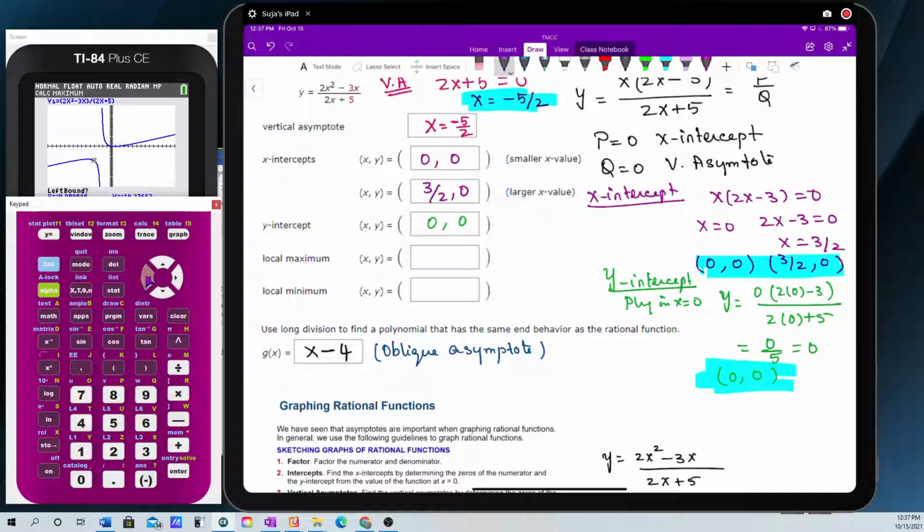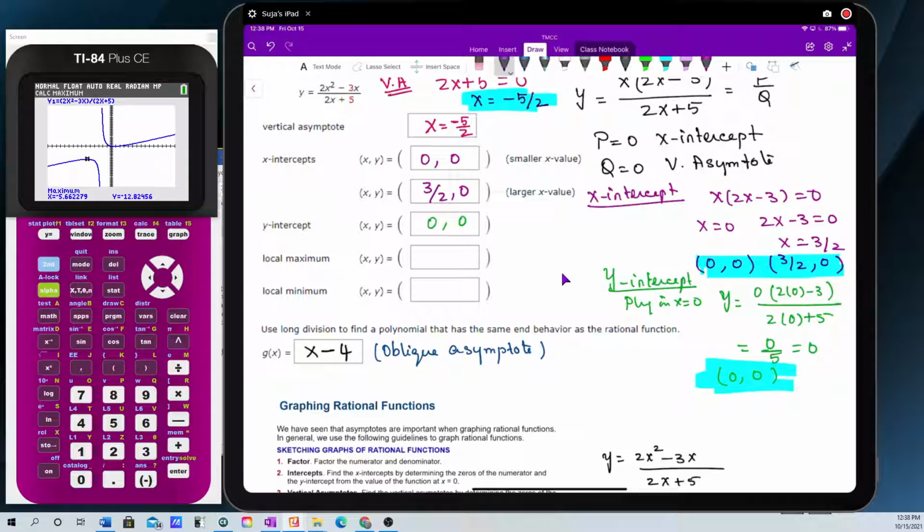Coming a little bit to the left, enter, enter again, so somewhere there is the maximum. Negative 5.66.